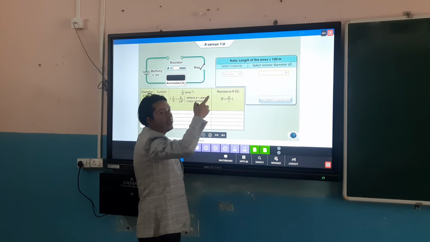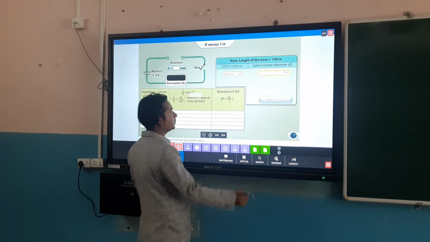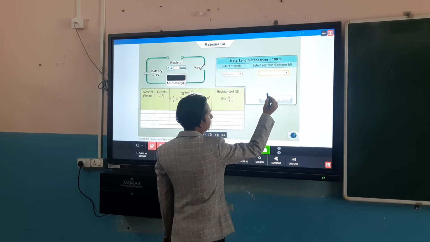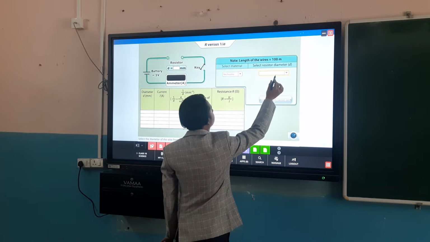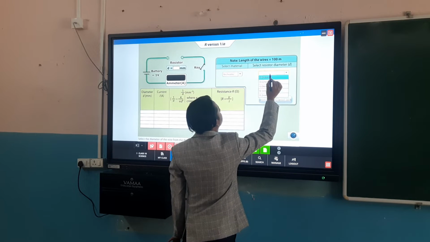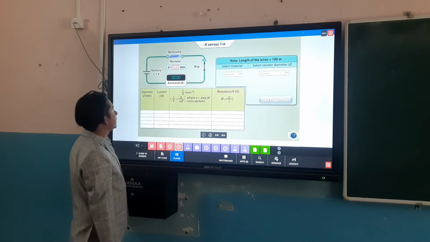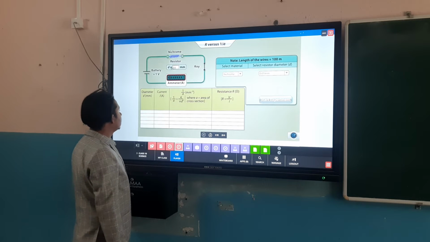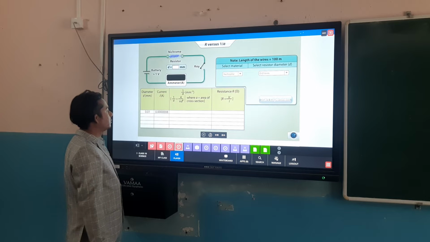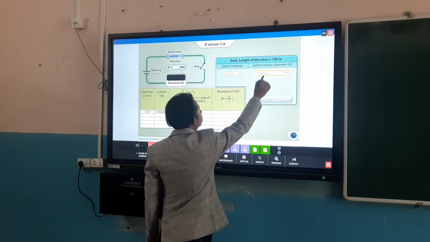Now, we will select the area of the wire and click Start Experiment to close the key and note down the ammeter reading. Repeat the experiment using different values.